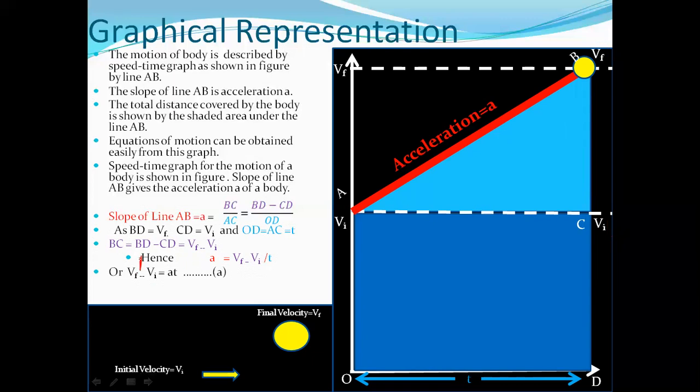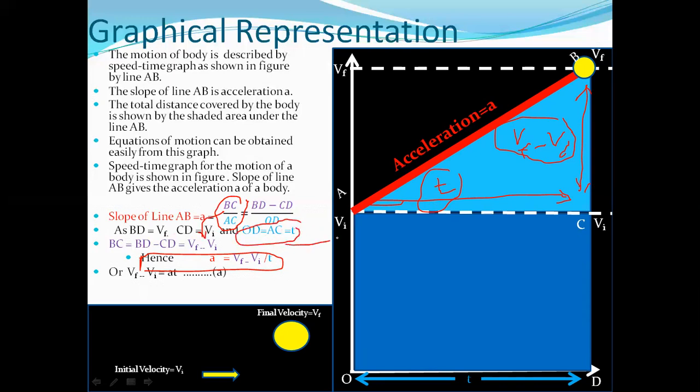We will prove this part because we know that this much part is equal to VF minus VI, and this much part is equal to T. So again, we have perpendicular over base, same over here, because BC is equal to VF minus VI and T is equal to OD or AC.